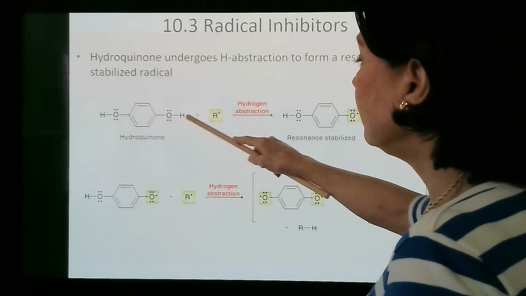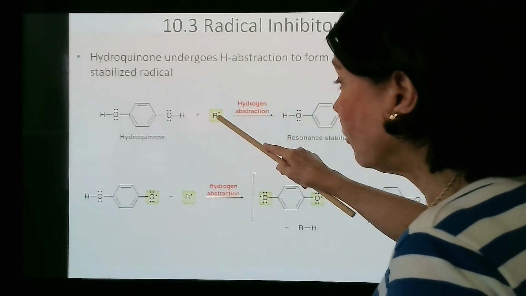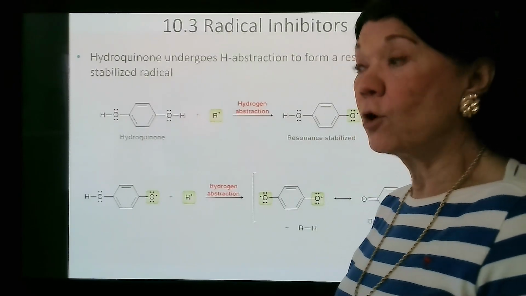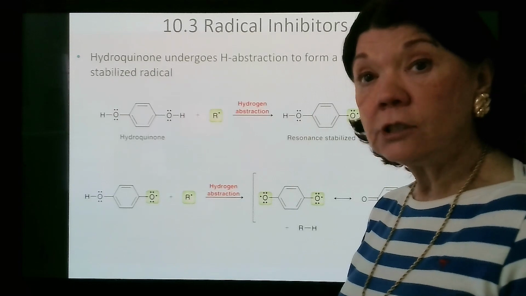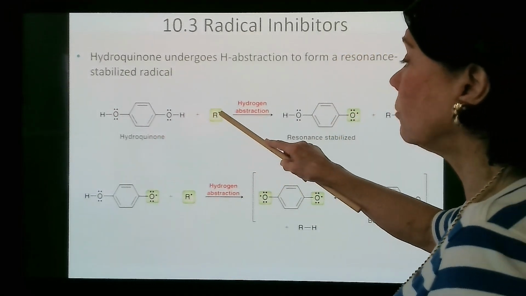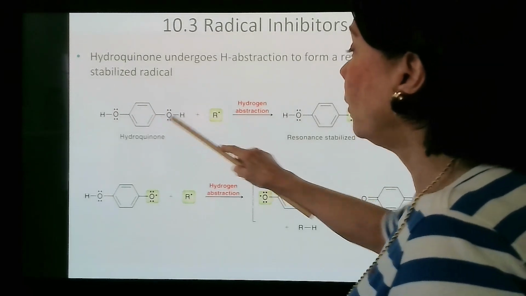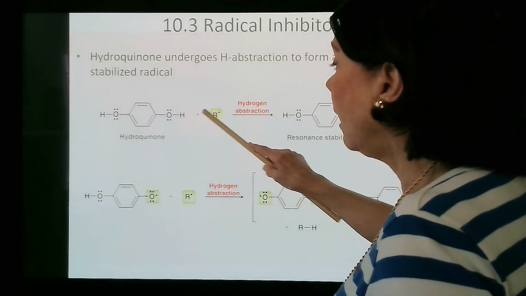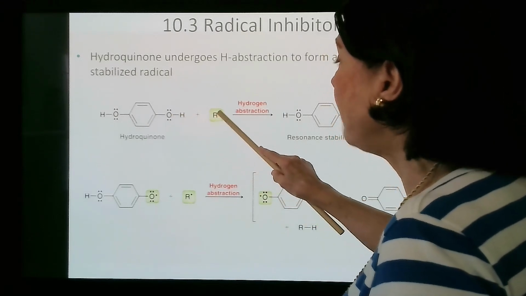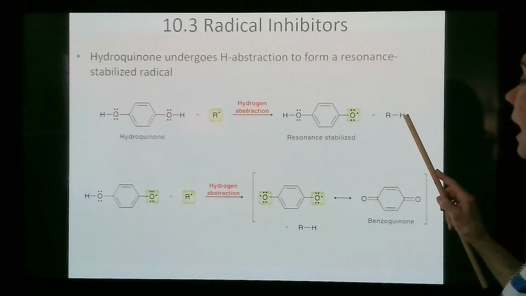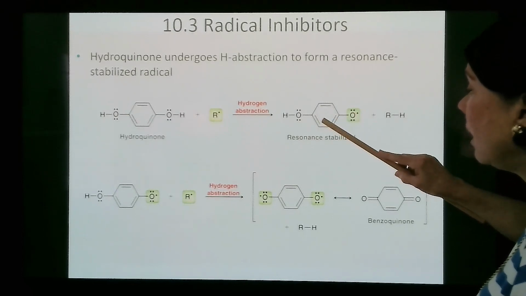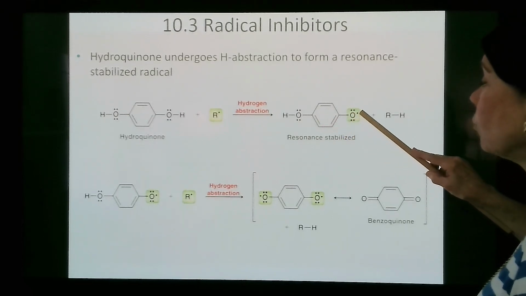So hydroquinone undergoes hydrogen abstraction. So R dot, the radical that you want to prevent from reacting in your reaction, if you put some hydroquinone in there, you can quench that radical reaction, because the H dot of hydroquinone will be abstracted by R dot, and you'll get RH. And this is a very stable radical. Hydroquinone has formed a very stable radical.